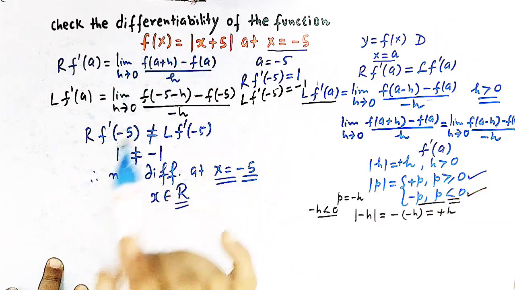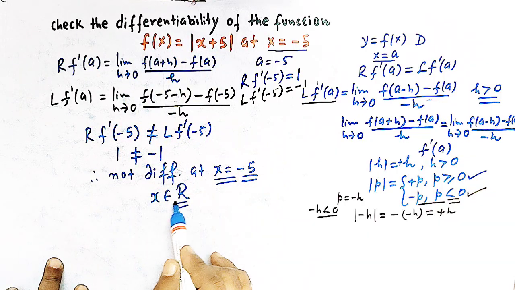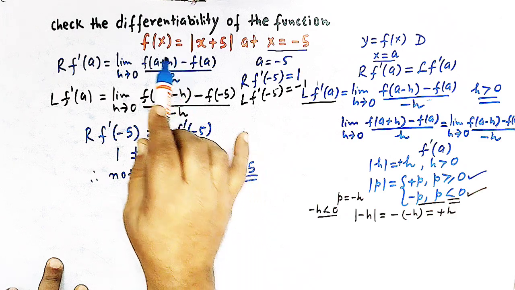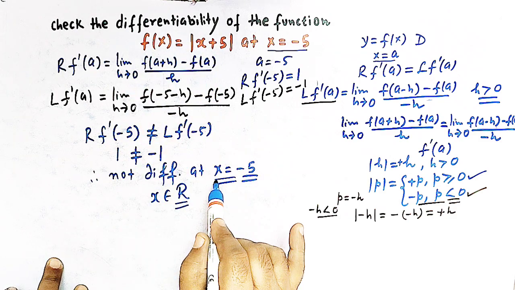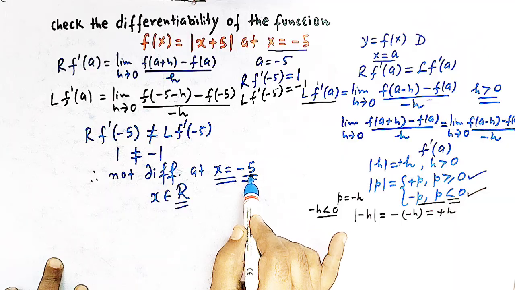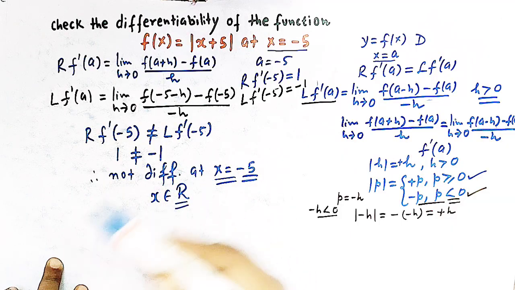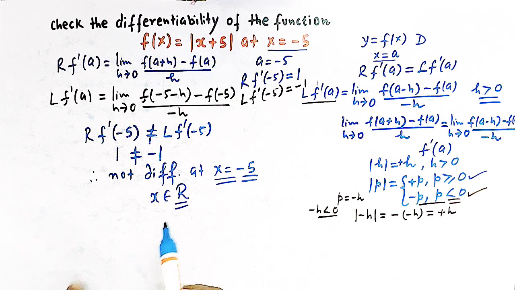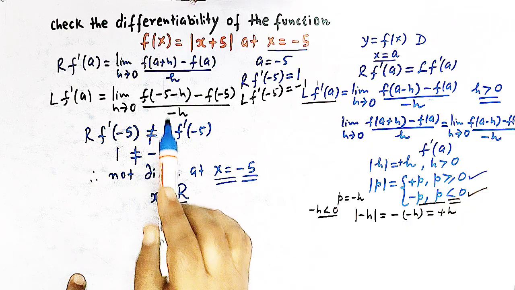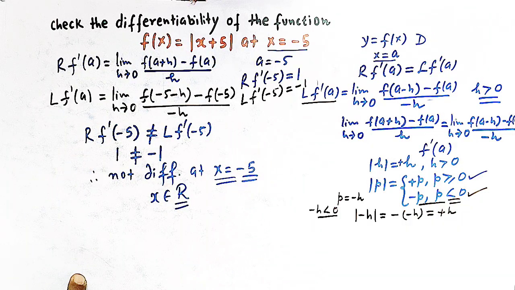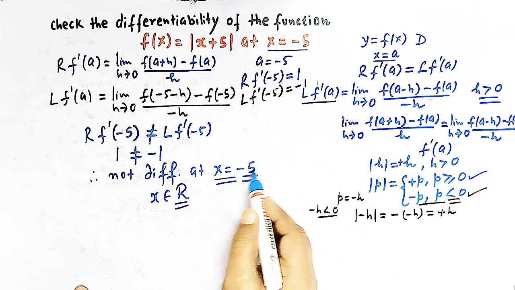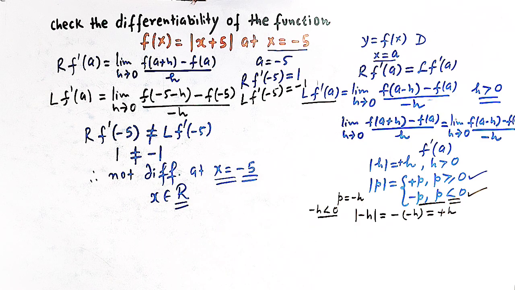So this function is continuous for all values of x belonging to R, and this function is not differentiable at x is equal to minus 5, and it is differentiable for other real numbers except x is equal to minus 5. So this function has only one point at which it is not differentiable, and the point is x is equal to minus 5.